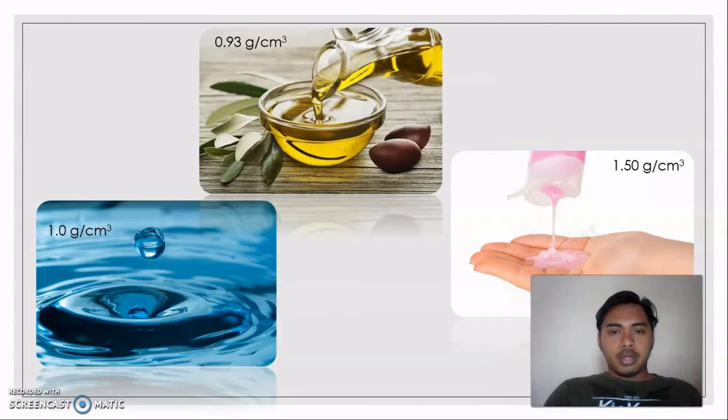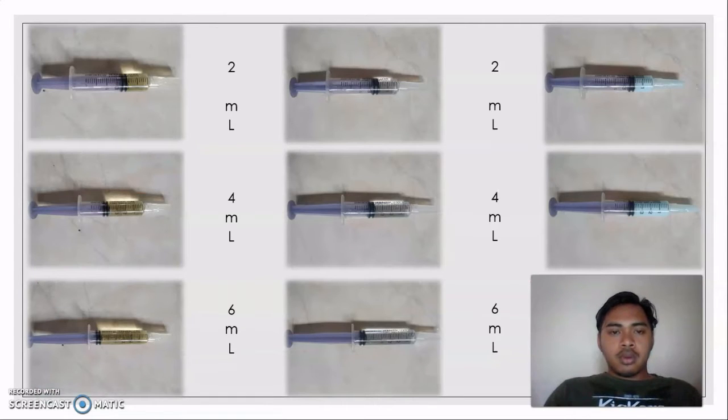There are three types of fluid that have different density we use in the experiment. First, oil with 0.93 gram per centimeter cube, water 1 gram per centimeter cube, shampoo 1.5 gram per centimeter cube. For each fluid, we use different amounts of the fluid, which are 2 ml, 4 ml, and 6 ml.